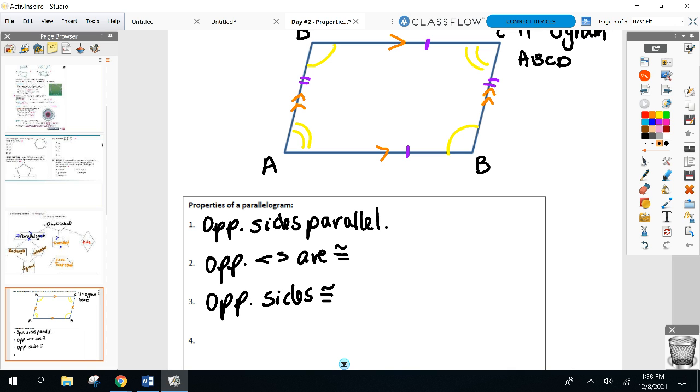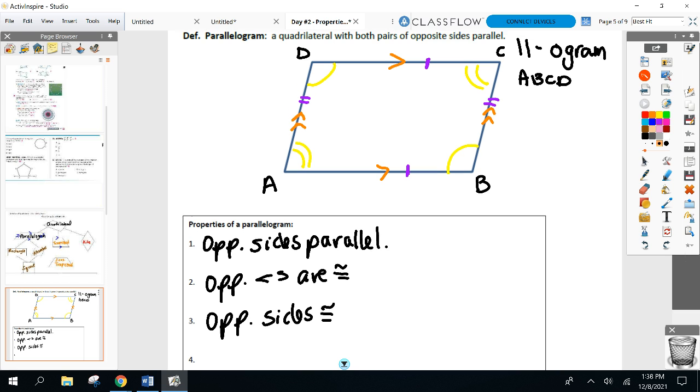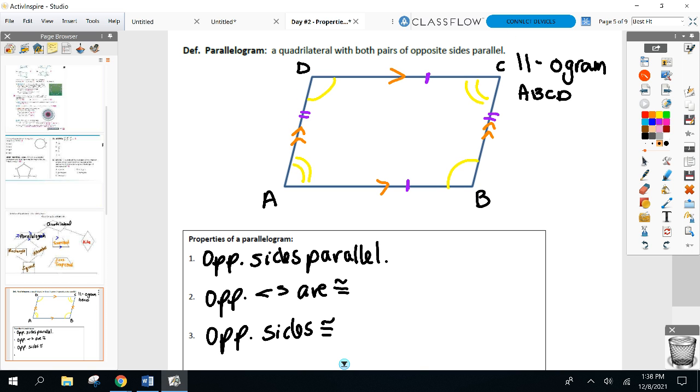Yeah, pick your poison right now. I don't care who goes. Is it same side angles add up to 180? He's actually correct. Yep. Remember during our parallel line unit, same side interior angles are supplementary. So D plus A equals 180, A plus B equals 180, and I can go around. So instead of saying same side right now, I'm going to say consecutive.